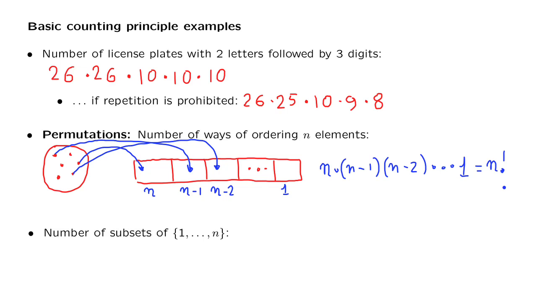Let us now consider another example. We start again with a general set which consists of n elements, and we're interested in constructing a subset of that set. In how many different ways can we do that?